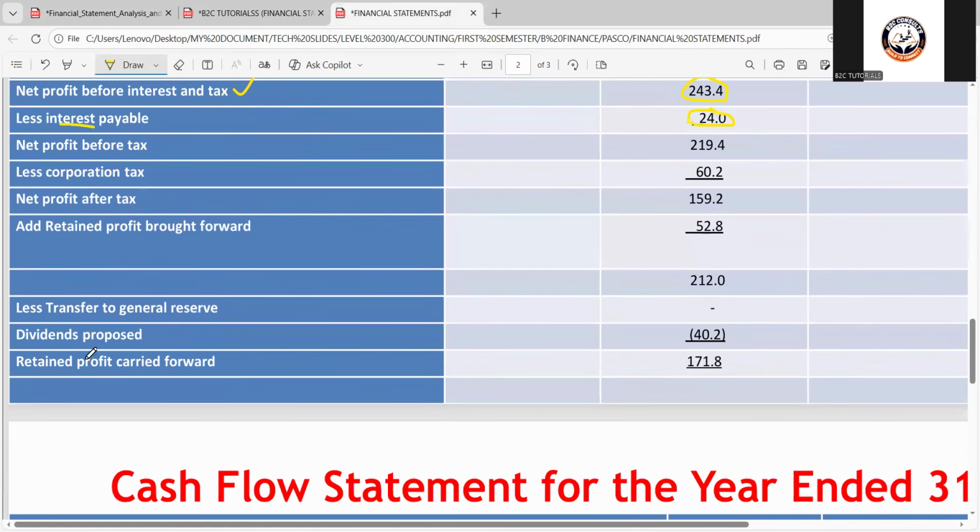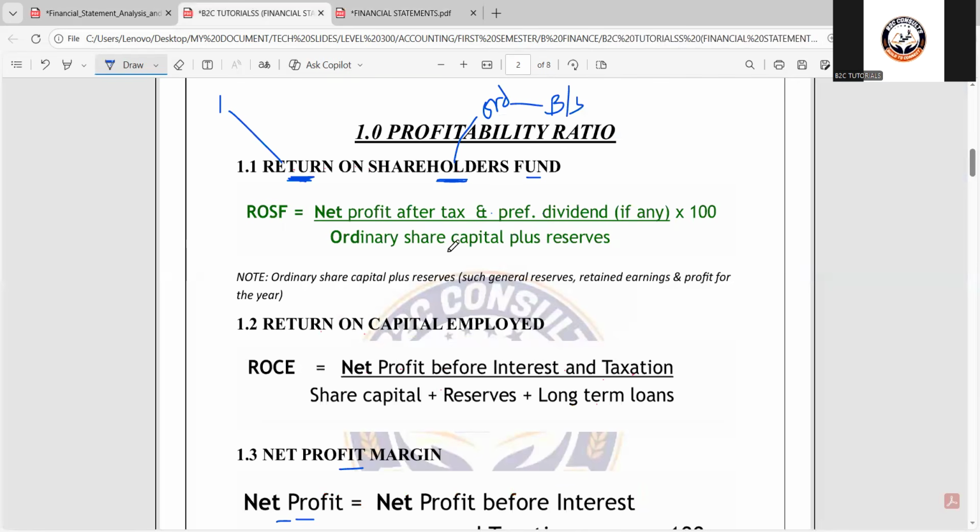So you see, though they had dividend proposed, we didn't have anything like preference dividend paid. So you just pick the net profit after tax and use that figure. But then assuming there's preference dividend paid, you need to deduct that preference dividend paid from the net profit after tax and now divide it by what belongs to the ordinary shareholders.